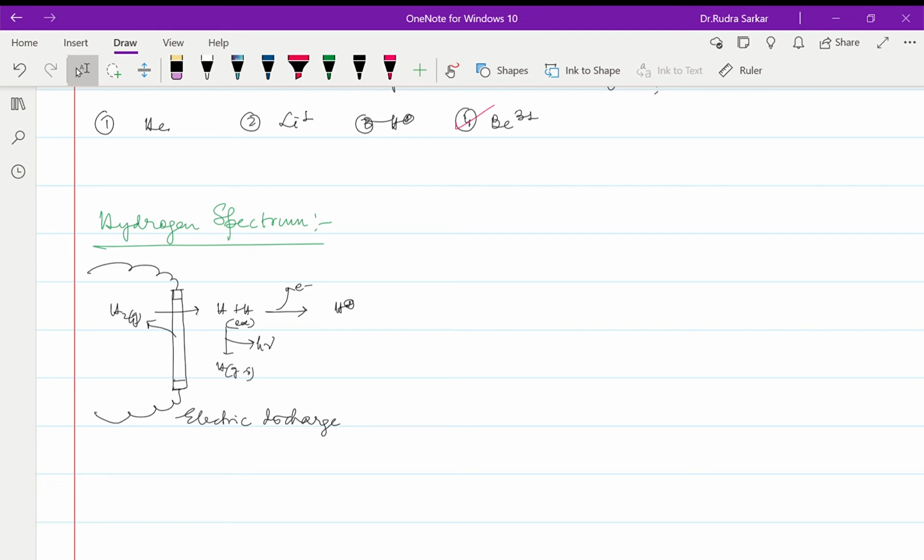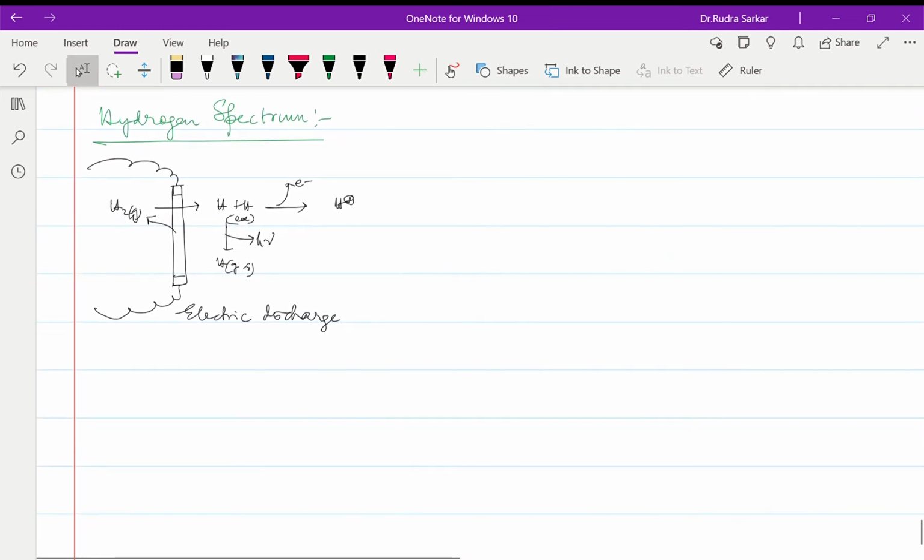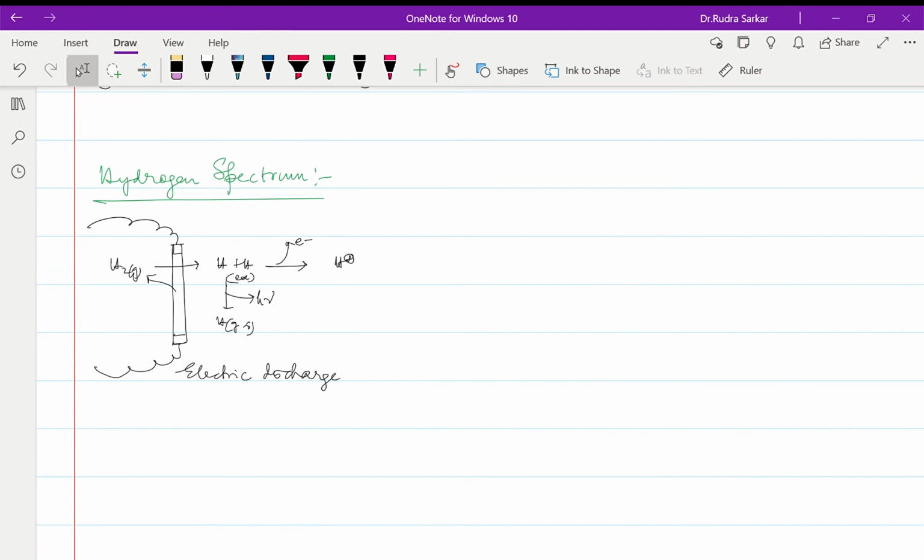So now, what you need to understand over here is that obviously when this energy was taken, the light coming out was passed through a prism. These things were already discussed when I was discussing continuous and discontinuous spectrum.